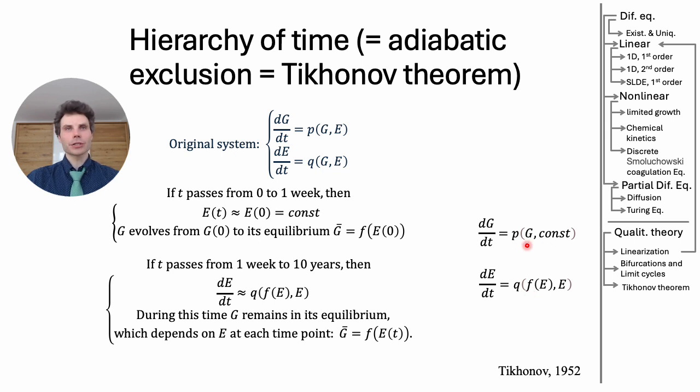So the top equation is the relaxation mode of the original system, and the bottom equation is the quasi-stationary mode of the same system. Okay, great.